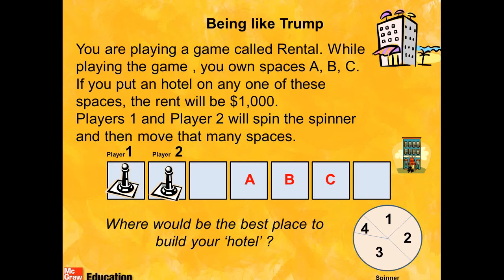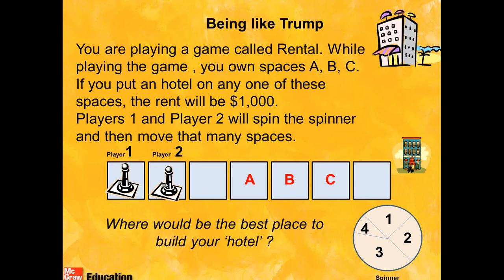You're playing a game called Rental, and while playing the game, you own spaces A, B, and C. If you were to put a hotel on any one of these spaces, the rent would be $1,000. Player 1 and player 2 will spin the spinner and then move that number of spaces.